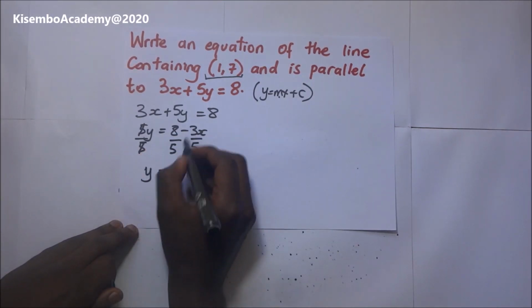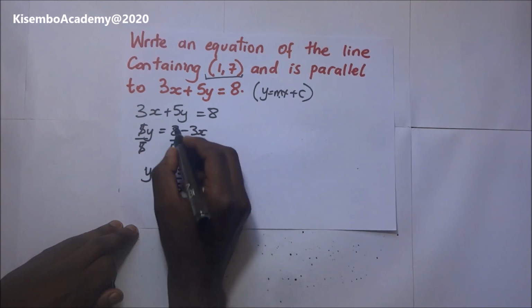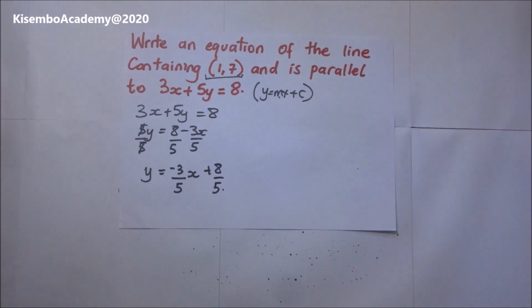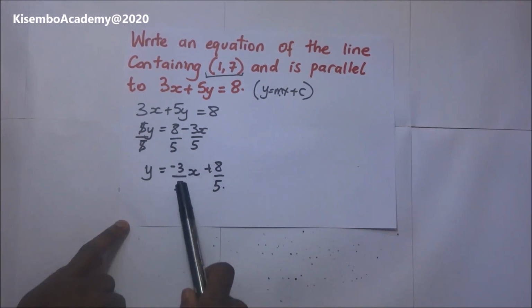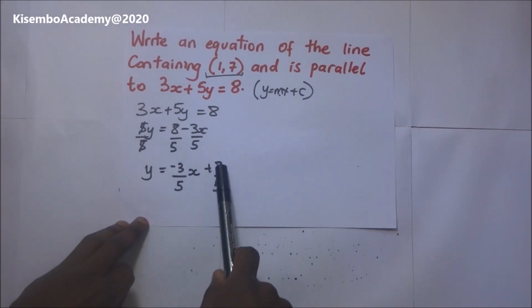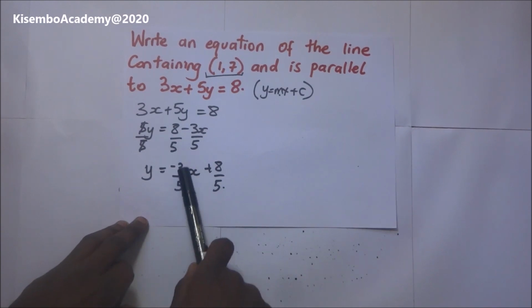Our value of y is going to become -3 over 5x plus 8 over 5. So the gradient of the line we are talking about here is -3 over 5.